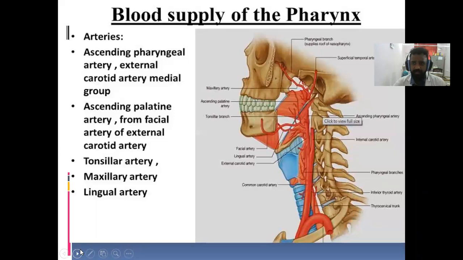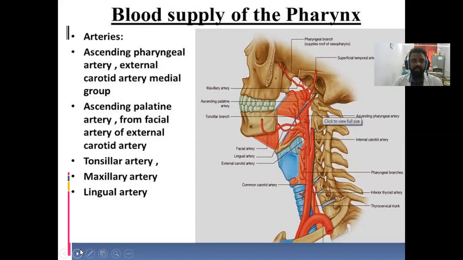Coming to the arterial supply, the blood supply of the pharynx: the ascending pharyngeal artery from the external carotid artery, as well as the medial group, the ascending palatine artery from the facial artery of the external carotid artery, the tonsillar artery, the maxillary artery, and the lingual artery.